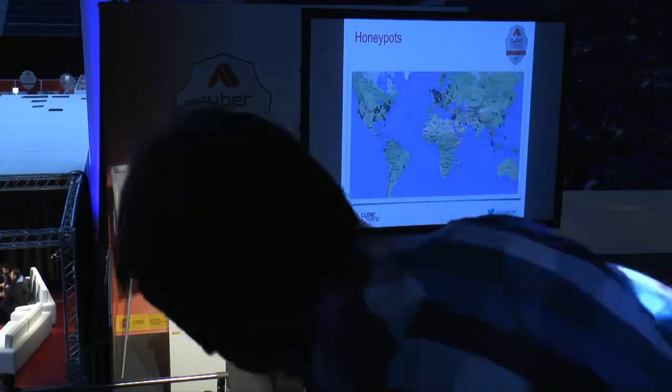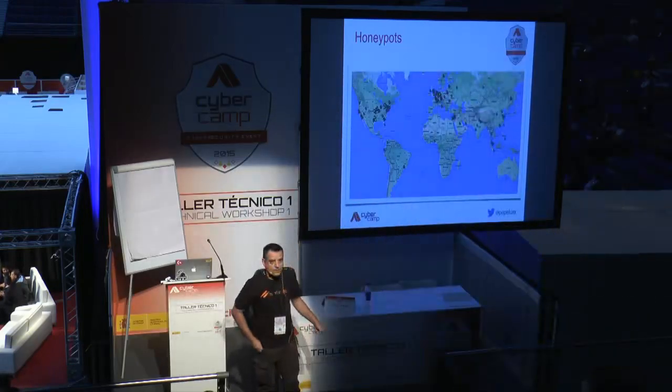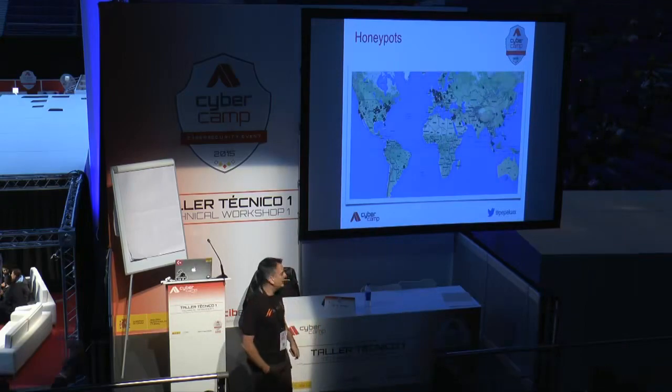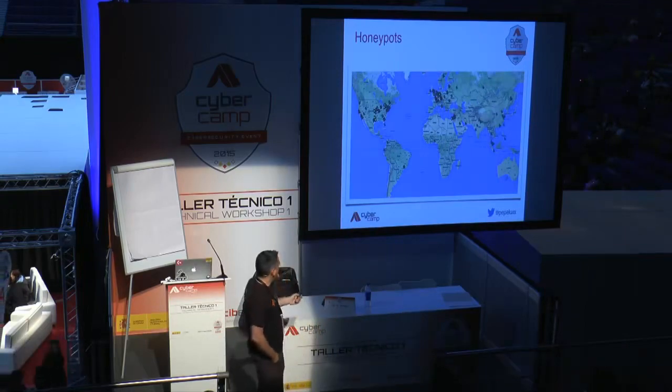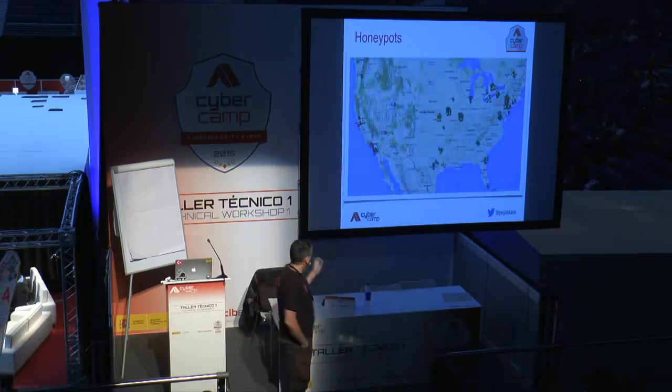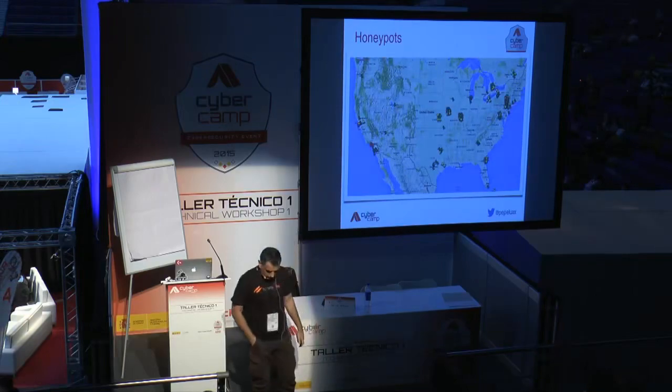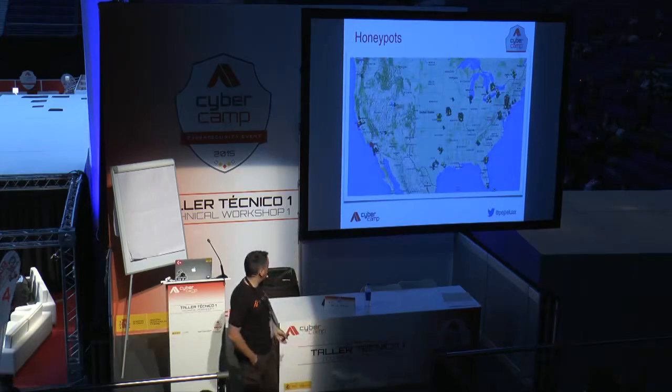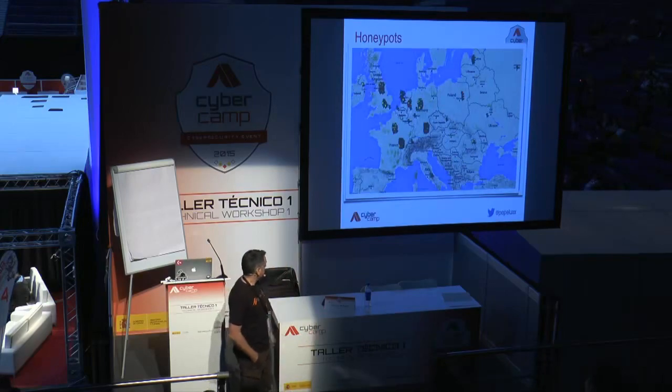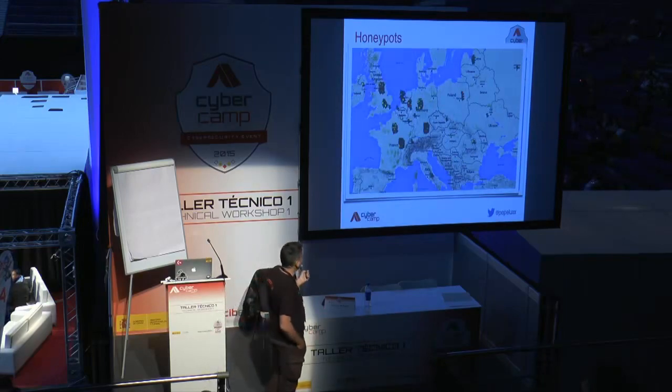We can see this in a map, more visual. Green dots, a few attacks; yellow, it's a bit more; and red is really, they overdo it. This is the United States map of all the attacks that I've received. From Europe, France, Germany, England.